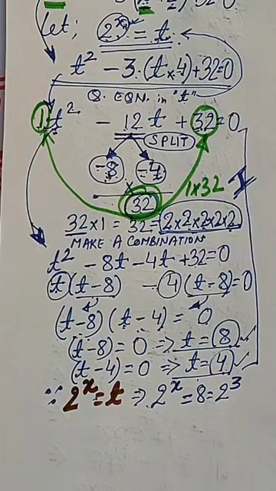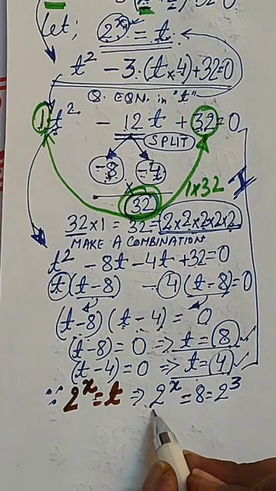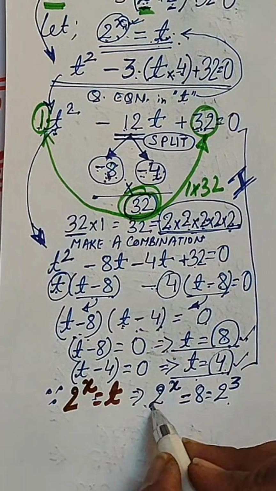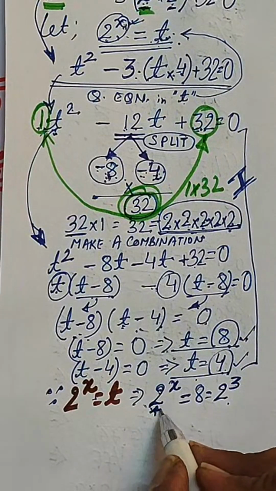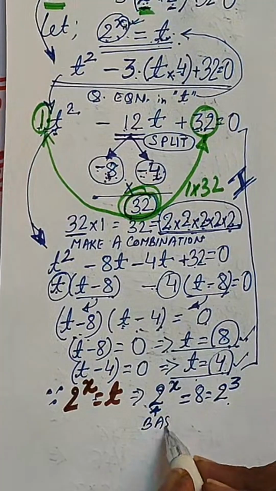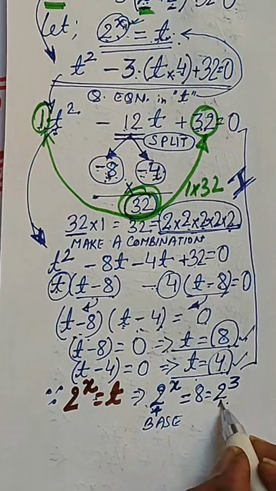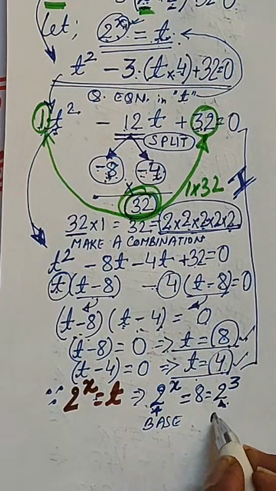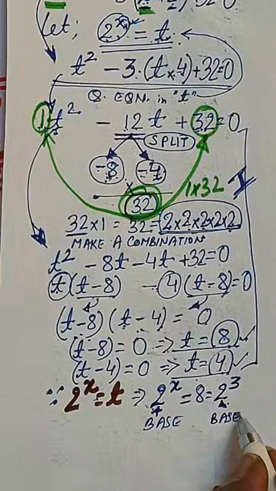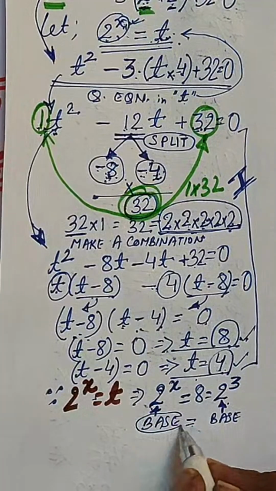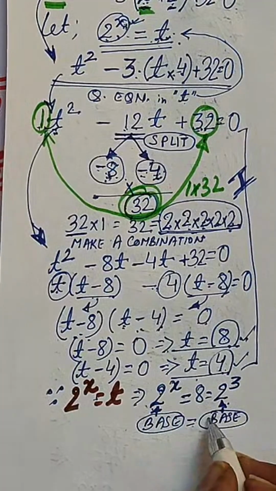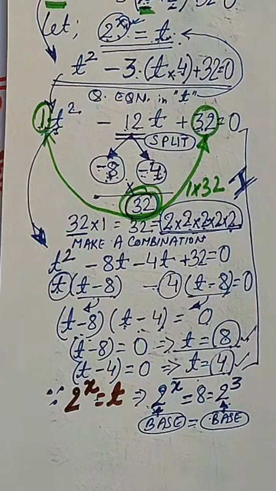And when you equate the bases, you can see 2 and 2 both are the same. This is a base, and this 2 is also the base. And if these bases are equal, then the exponents can be equated, because this is an equation.